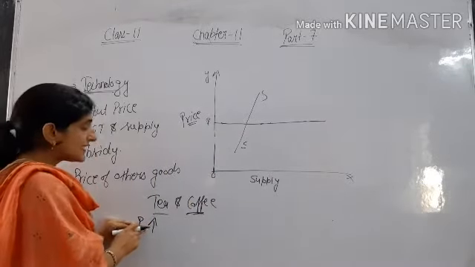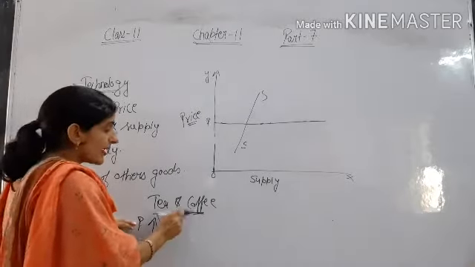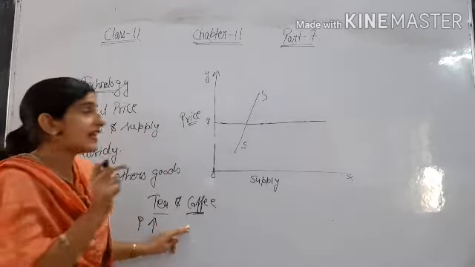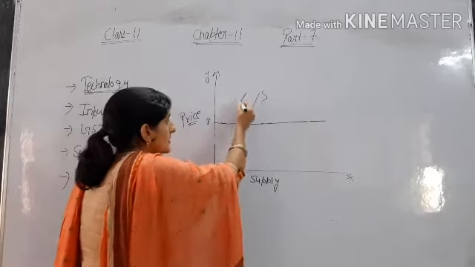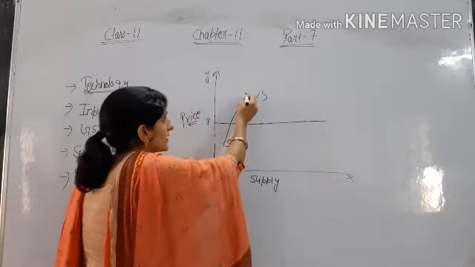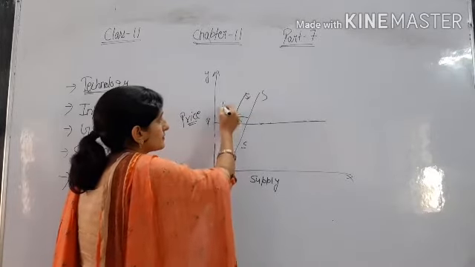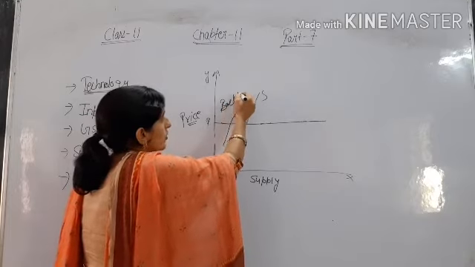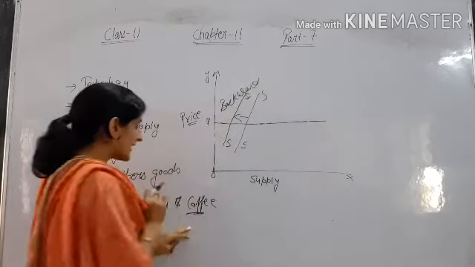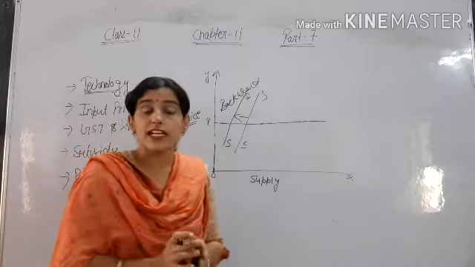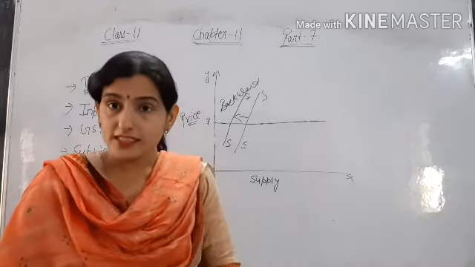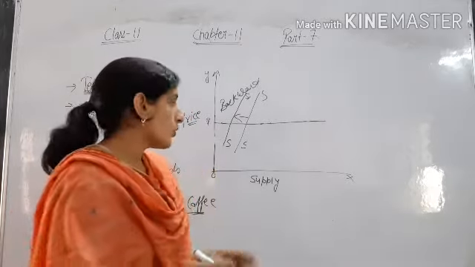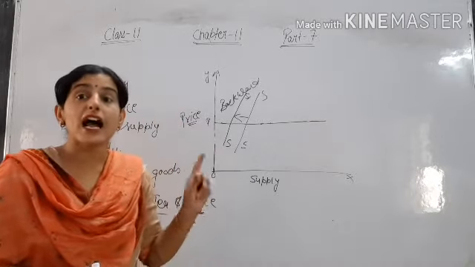Due to the increase in the price of tea, the producer of coffee will supply less at the same price. So the supply curve shifts backward to SS1. Because of the increase in the price of tea, the coffee producer is willing to supply less at the same price. Or otherwise he will supply more at the higher price.